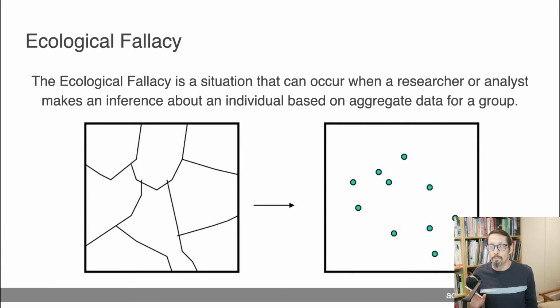Now, another problem we get in spatial analysis is the ecological fallacy. So this fallacy is a situation where we make an analysis that's about groups. Okay, we make an analysis that's about a region. Okay, but this fallacy also can carry over into the non-spatial world.